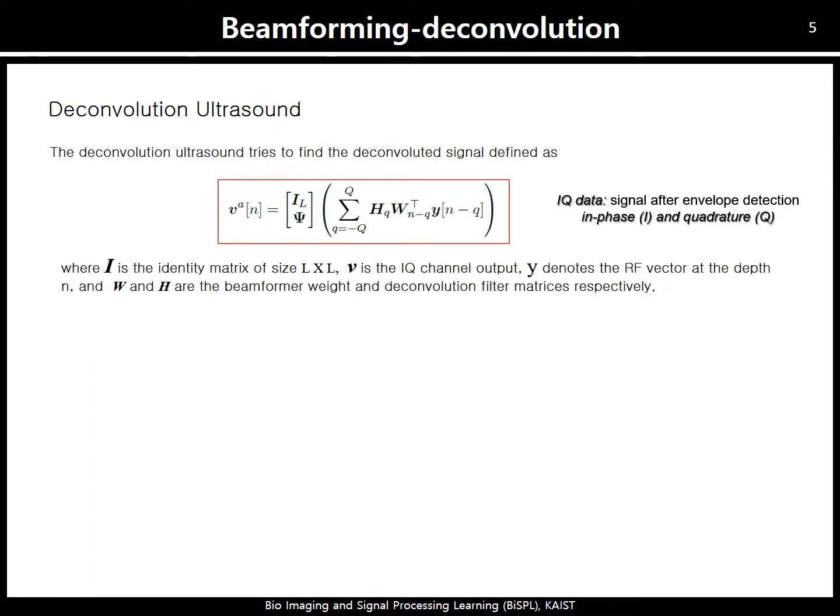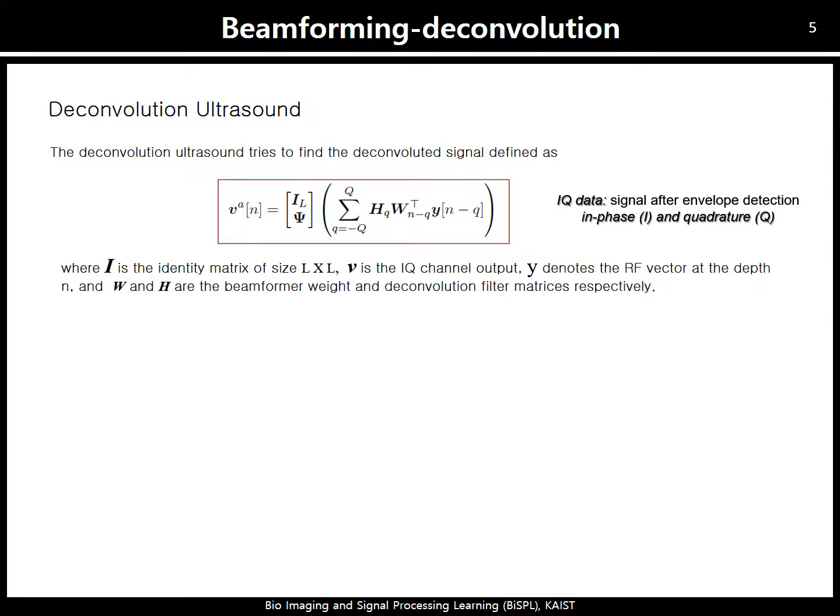Y denotes the RF vector, whose length is n, acquired for the depth n. Each scan line is composed of a time series which has a certain length, and each time point in that time series can be represented by the index n.